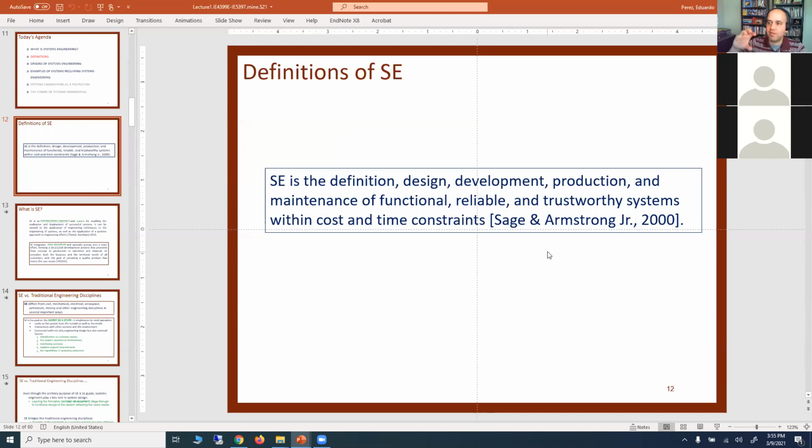You have all this process that will take you from an idea to the actual implementation of this solution, let's say a machine, or a process, or a database. So at the end, you are following the same steps in order to achieve that common goal.